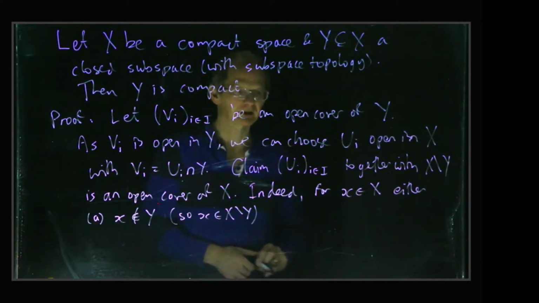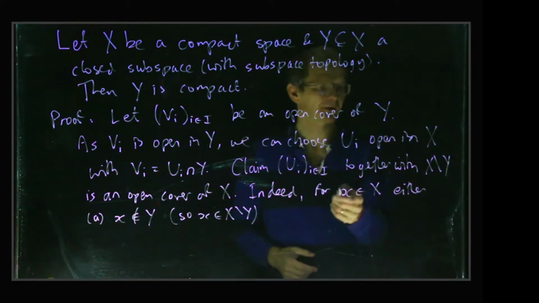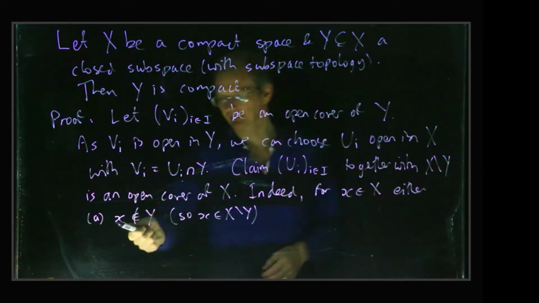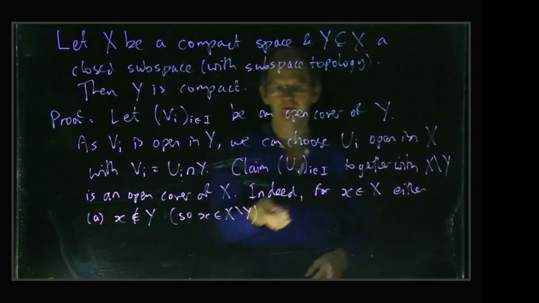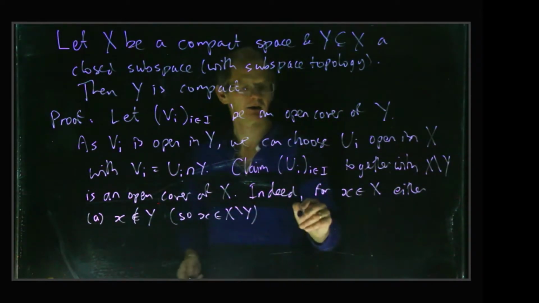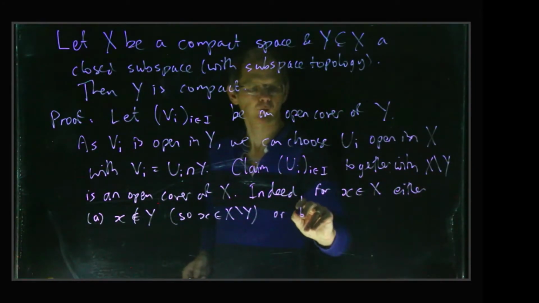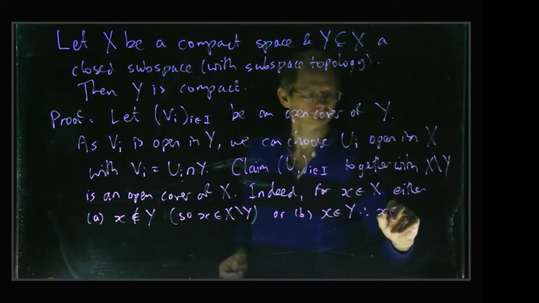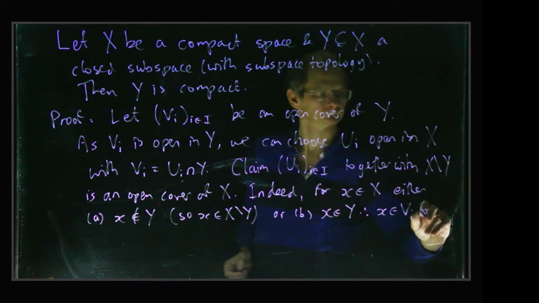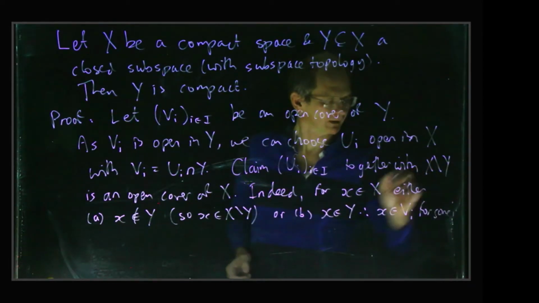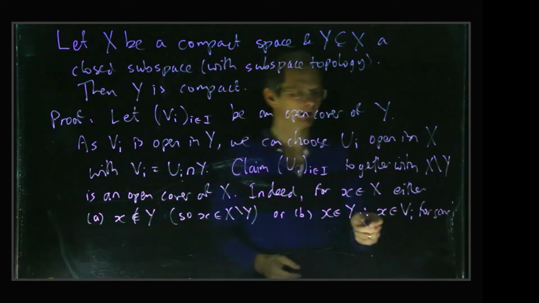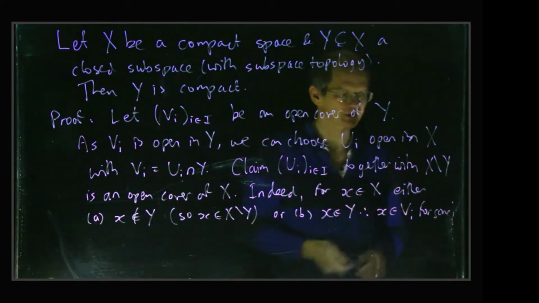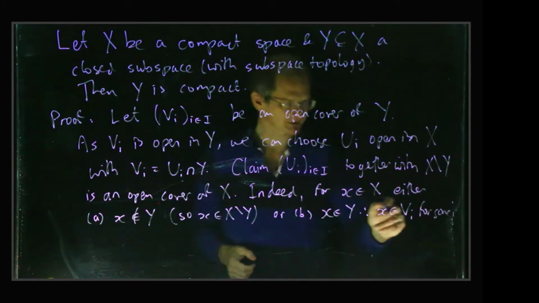We need to check: suppose x is some element of X. We need to show that it's in one of the sets of this family. First possibility: x is not in Y, in which case it's in the complement of Y, which is one of the sets in the family. Then if x is in Y, by assumption the sets V_i cover Y, so we can choose some i such that x lies in V_i.